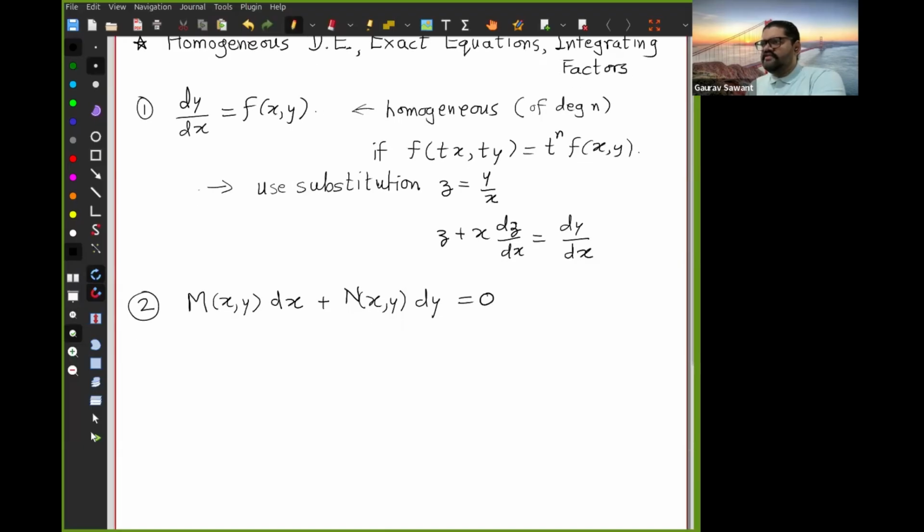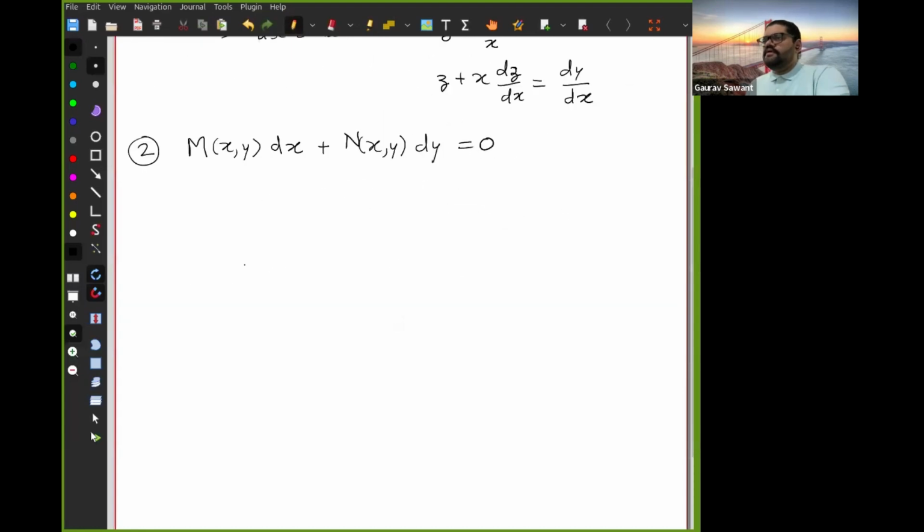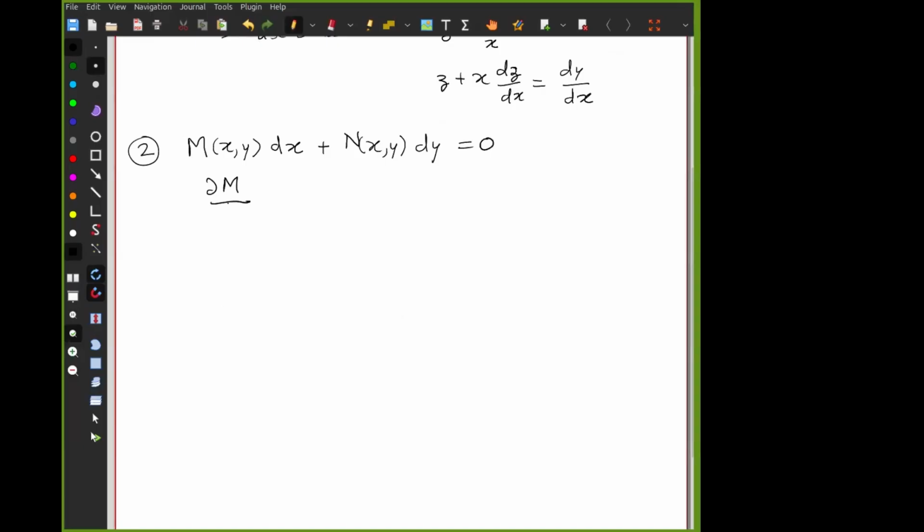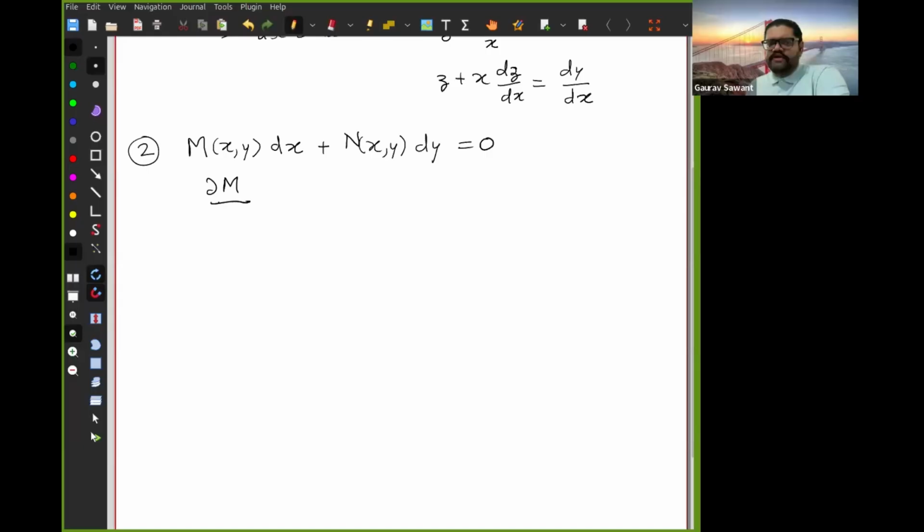Okay, there can be cases where you could have something on the right, but we will not worry about those cases at this time. And so what happens is that you have to observe this. So if it happens so that the partial derivative, which sometimes I will write in the partial derivative notation, sometimes I will write in the subscript notation.